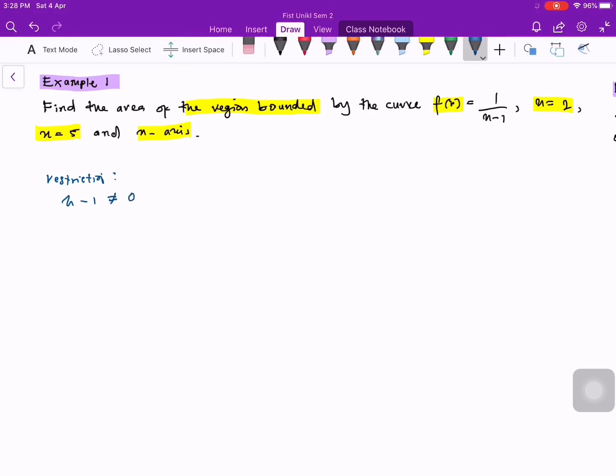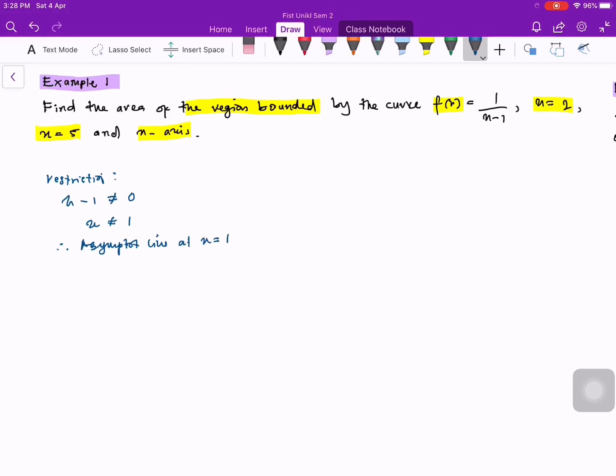So from this restriction, we simplify, and x cannot be equal to 1. Therefore, we are going to have an asymptote line at x equals 1.